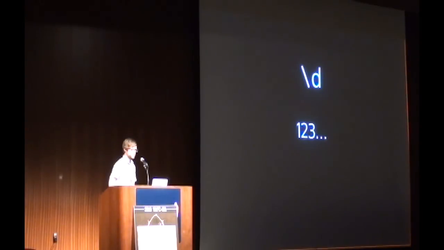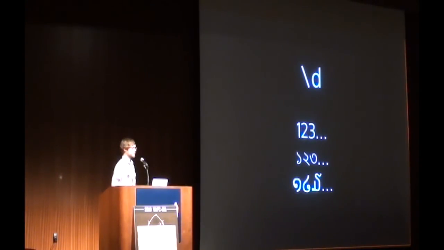You know, your 1s, 2s, and 3s, but you'd be a little surprised that Bengali 1, 2, 3 and Lao 1, 2, 3 are also matched when you're in a Unicode context. And that may be great for some things, but it's pretty horrible for other things. Say you want to parse out those numbers and do some math in Perl, or you want to select, say, a cell number. Well, things are just going to blow up on you.